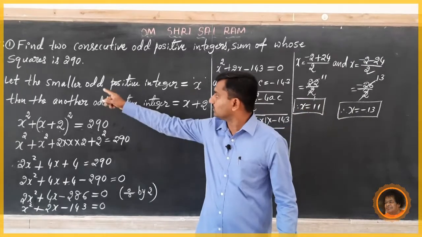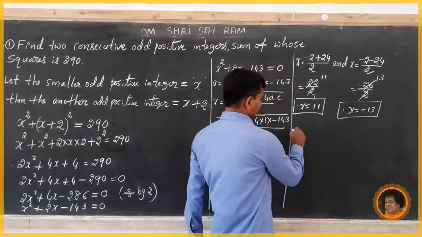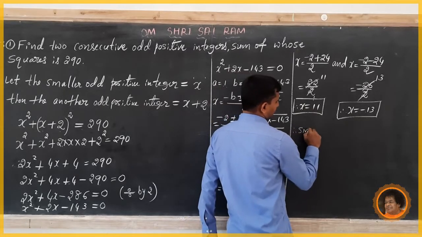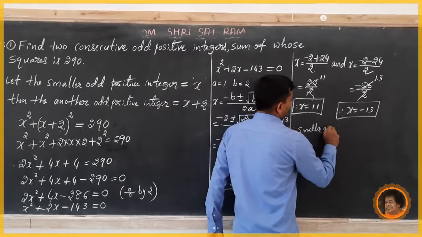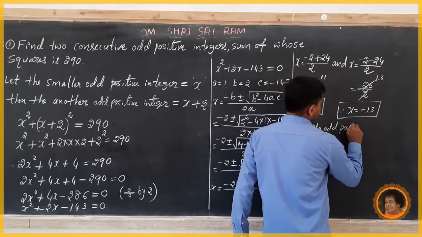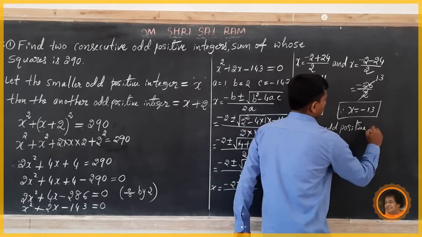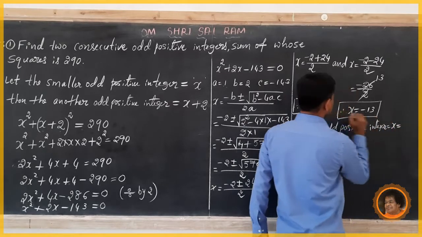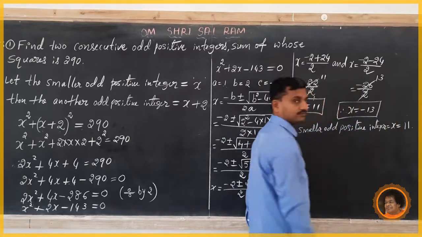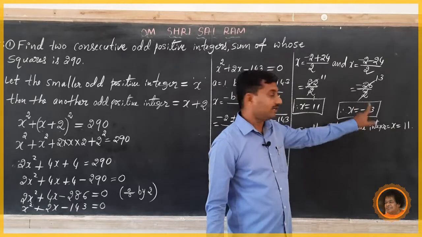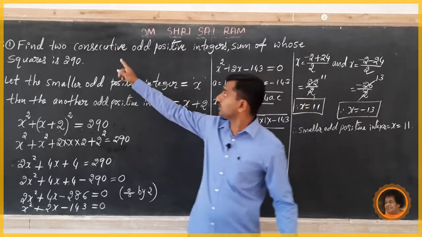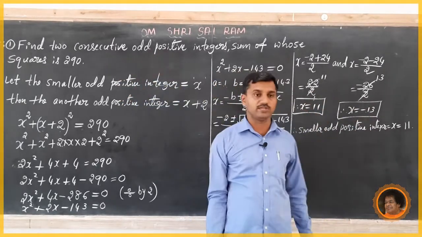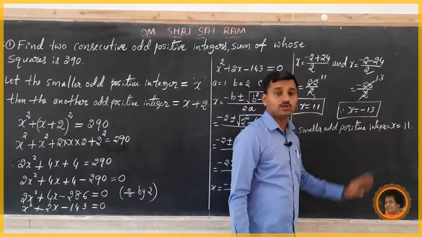So therefore the smaller odd positive integer equal to x equal to, that is 11, not minus 13. Why? It is always positive. In the question given, odd positive integer. So that's why x equal to 11.